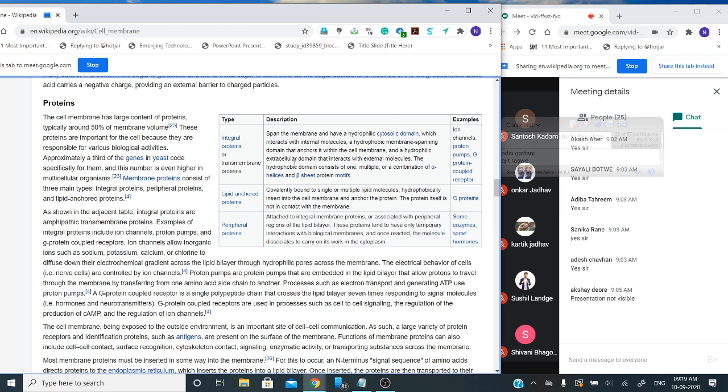So it is embedded into it. The hydrophilic extracellular domains interact with the external molecules. The hydrophobic domain consists of one, multiple, or a combination of alpha helices and beta sheet protein motifs.